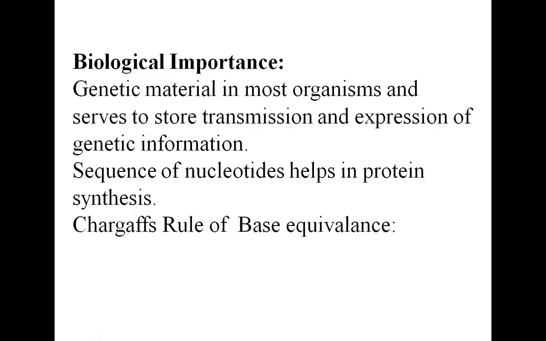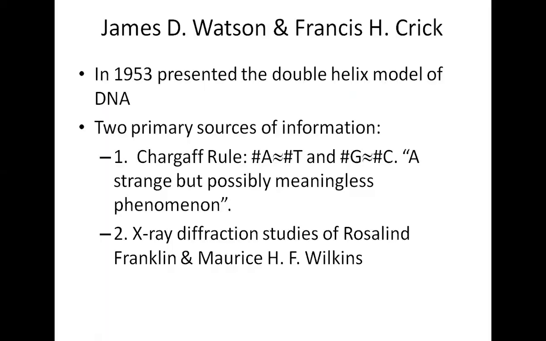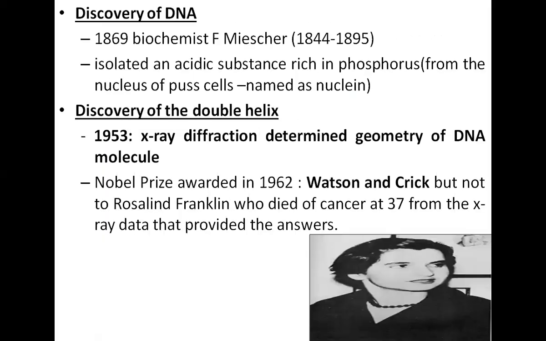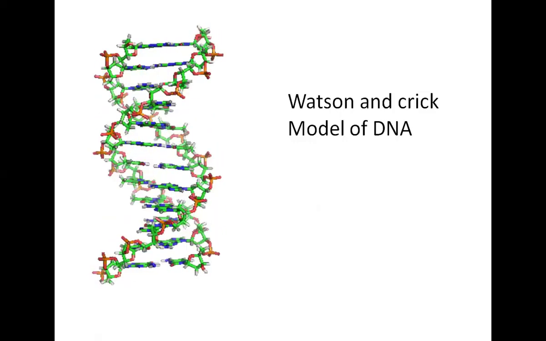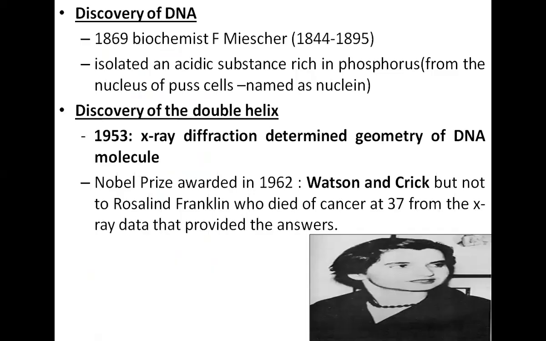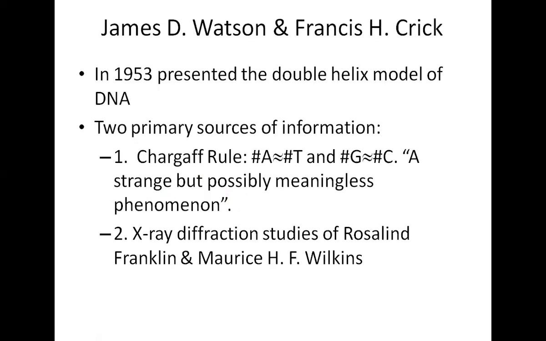Let us go through very quickly what we understood in this Watson-Crick model of DNA from the beginning. We went through the Watson-Crick model of DNA, right? Who explained this one? Who received the Nobel Prize, and in which year? The X-ray diffraction studies were explained by Rosalind Franklin and Maurice H.F. Wilkins.